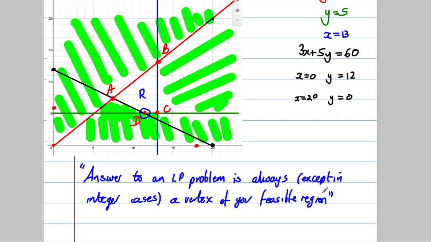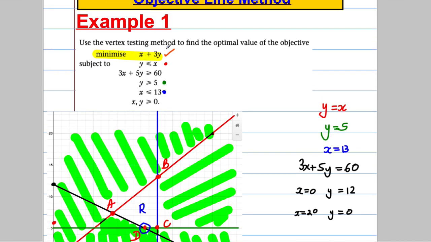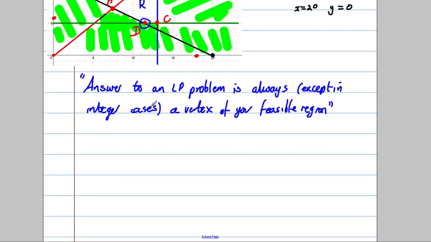So what a good method to do would be to find the coordinates of the feasible region, stick them all into your objective function, and see which one's smallest.